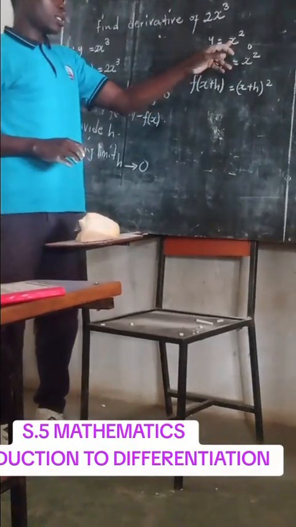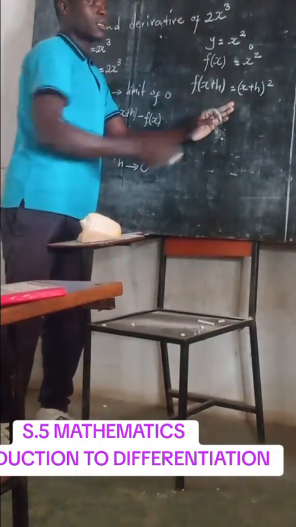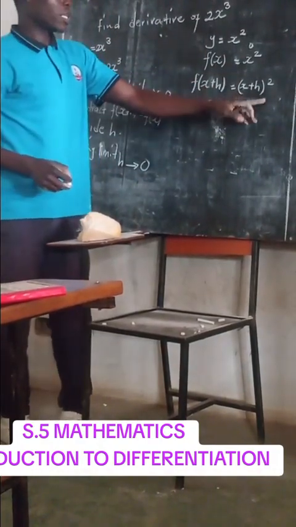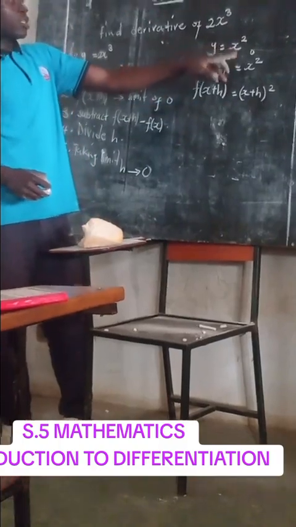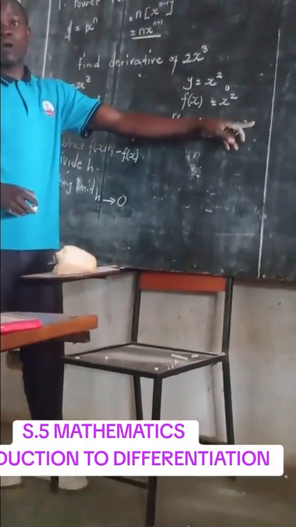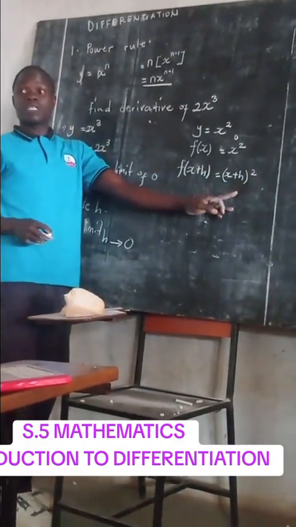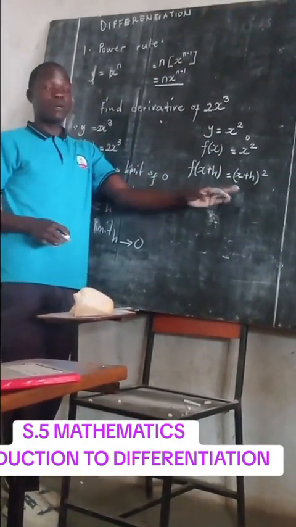This x squared now is this one here. But now we treat the whole bracket as the original function. Now when you expand this bracket, what do you get?